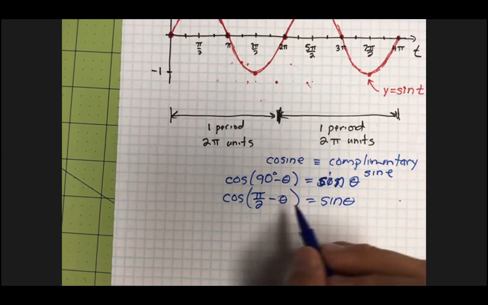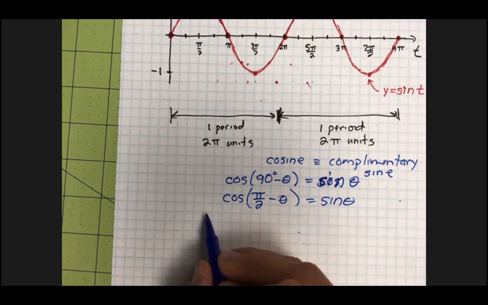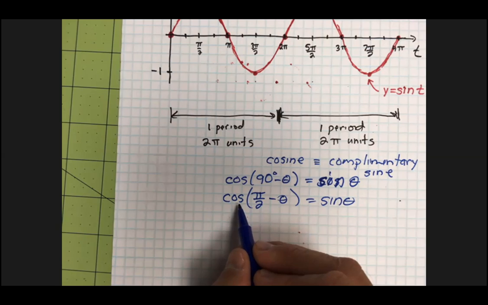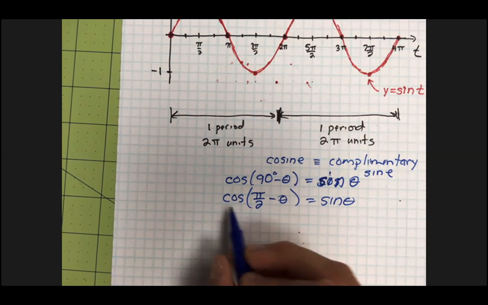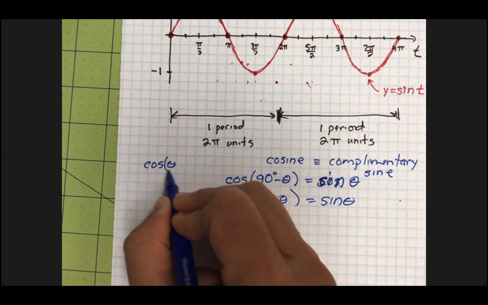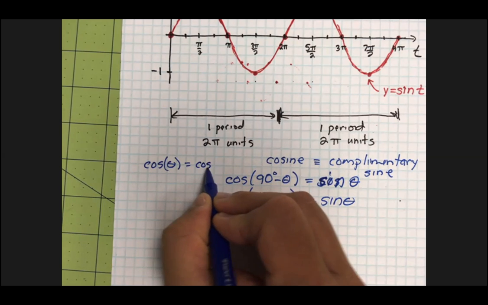Well, remember, cosine was also what we talked about last week. An even function or an odd function. Cosine of theta is always equal to the cosine of minus theta.